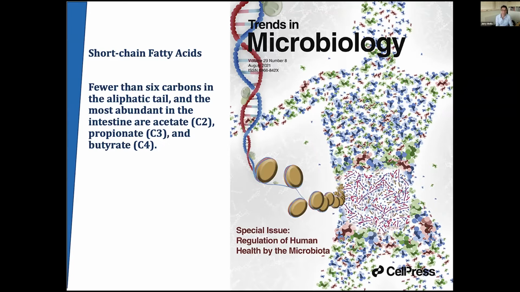So just for definition, these are acetate, propionate, and butyrate. These are found in concentrations of up to 100 millimolar or more in the colon, in the feces. And usually acetate is present at twice the concentration of propionate and butyrate. And I'll tell you more about levels in the circulation later.